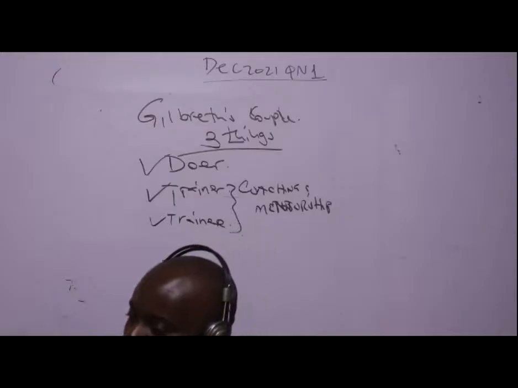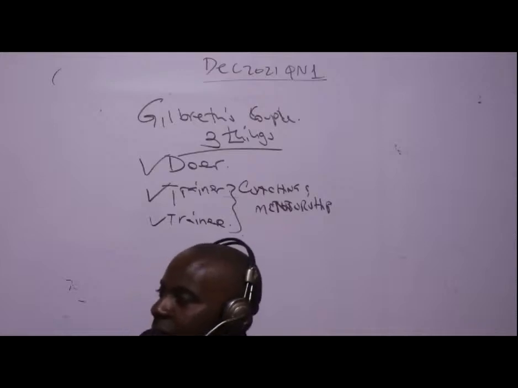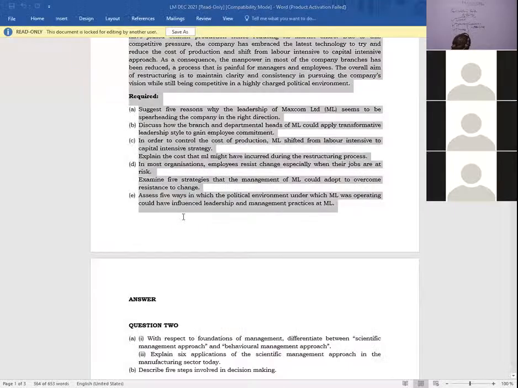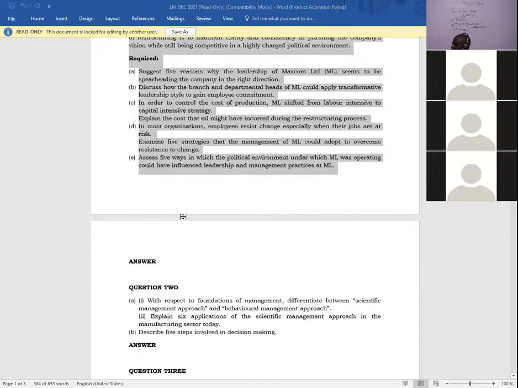So then the next question, ladies and gentlemen, is asking us about a very simple thing, really. The next question is question number 2. With respect to foundations of management, this is a simple thing.